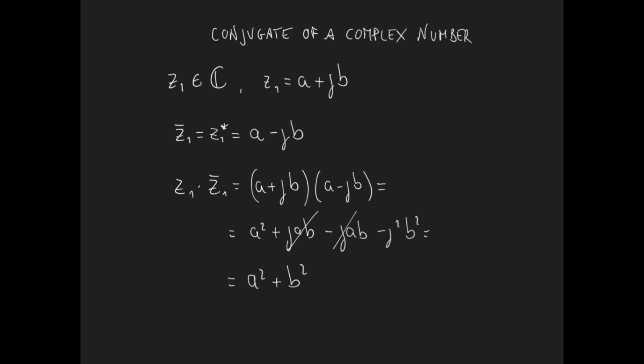If we now recall the definition of the modulus of Z1, we see that Z1 times its conjugate is equal to the modulus of Z1 squared. So another possible definition of the modulus for a complex number is given by the square root of the complex number times its complex conjugate.